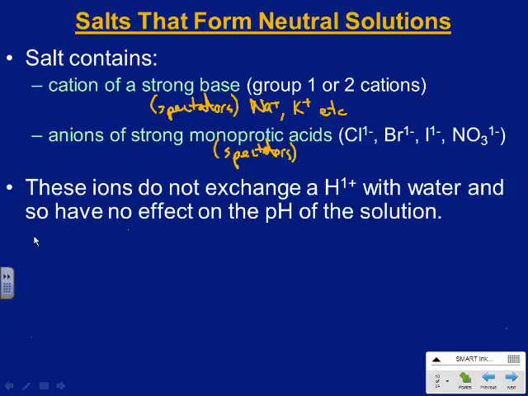So my example is going to be here, NaCl. Now when you get a salt, if I ask you, could you tell me if it's going to be acidic, basic, or neutral?